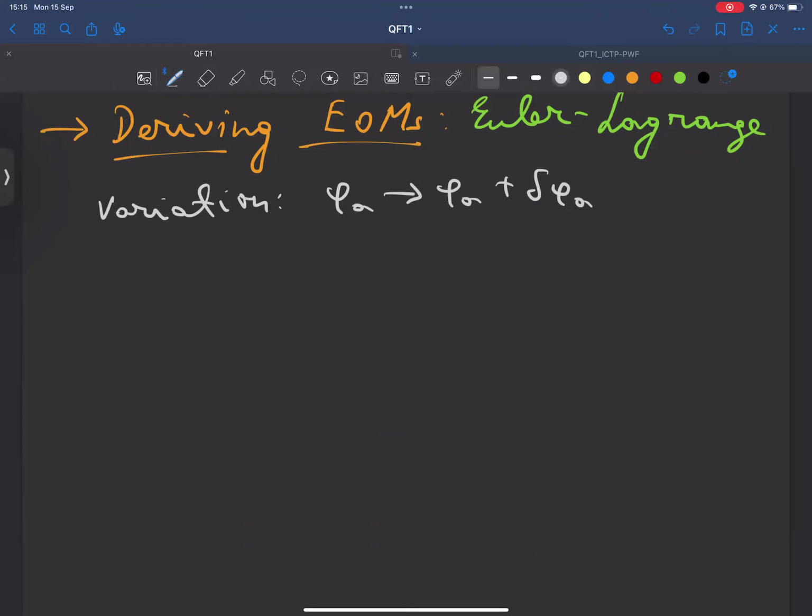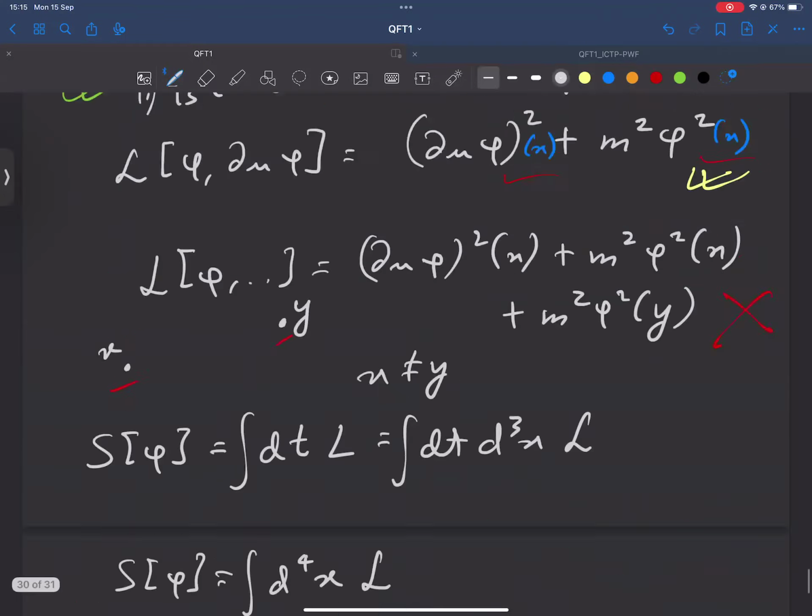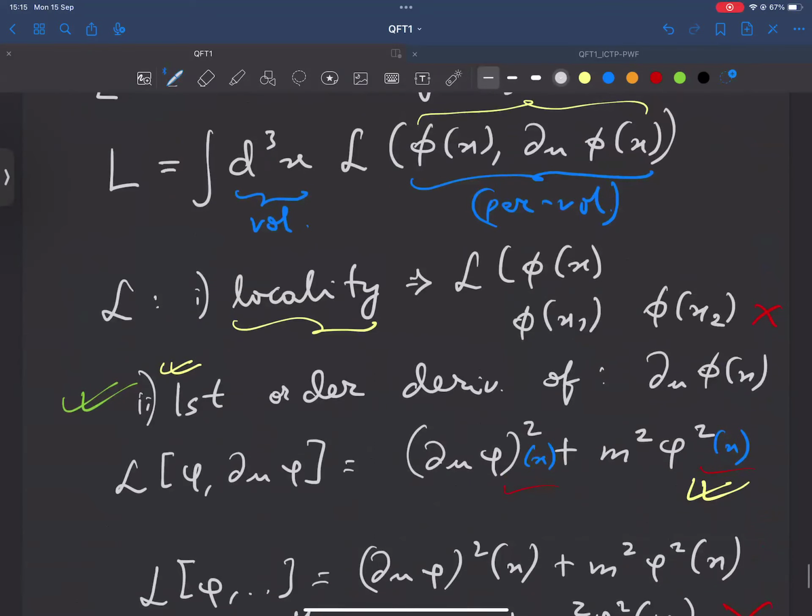Why is the Lagrangian density only a function of phi and its first derivatives? As I said, we will not dwell on that. I took an additional assumption just to simplify things, and all the Lagrangians that you will meet will be like this, where you only have first order derivatives.